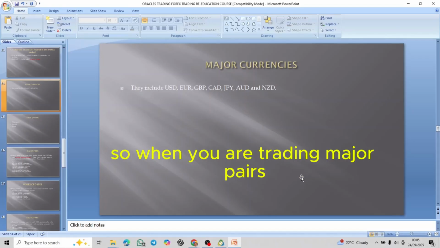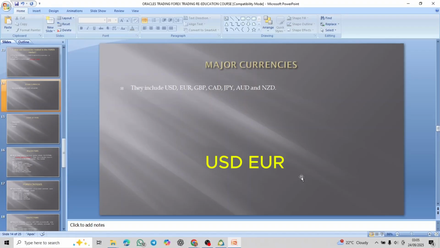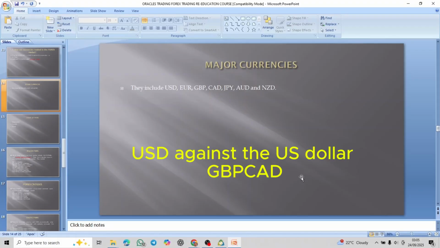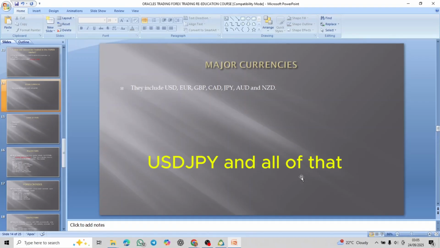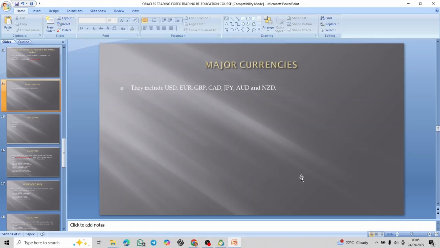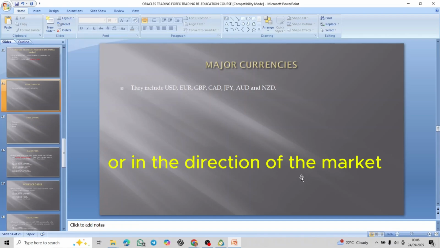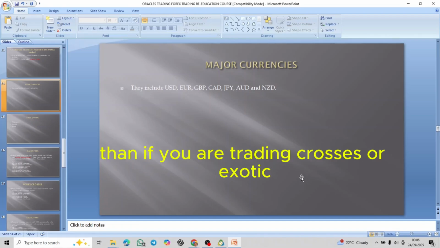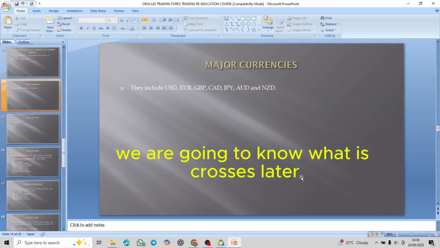So when you are trading major pairs, Euro USD against the US dollar, GBP, CAD, USD JPY, and all of that, you'll be expecting more profit if you're in tune or in the direction of the market than if you are trading crosses or exotic. We are going to know what is crosses later.